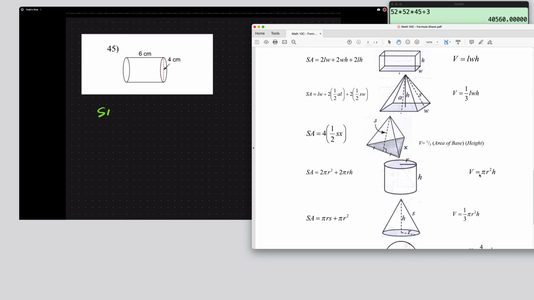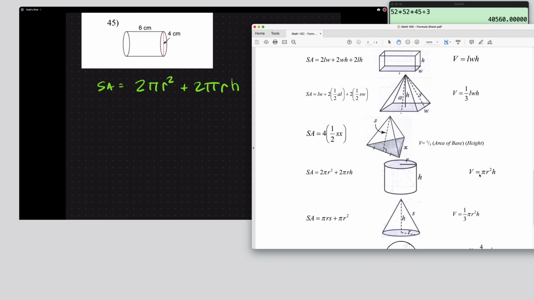So surface area equals 2 times pi times r squared plus 2 times pi times r times h, and the volume equals pi r squared times h.